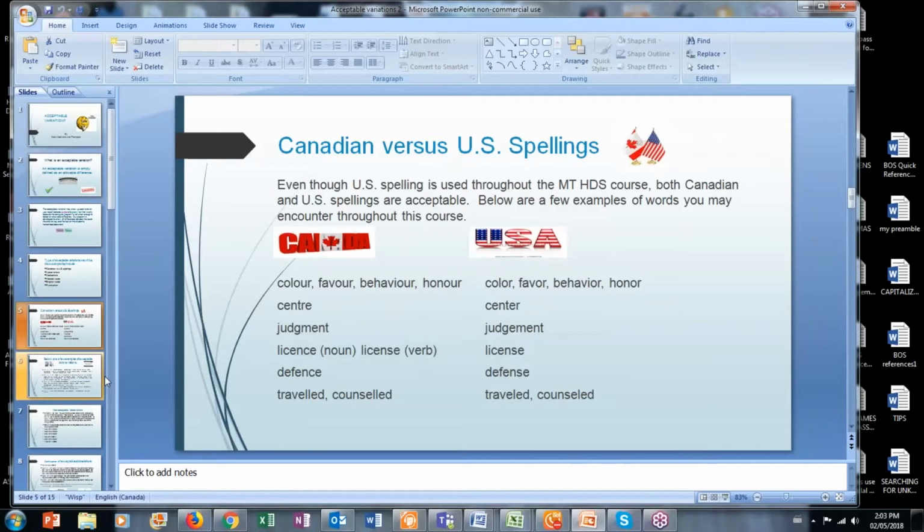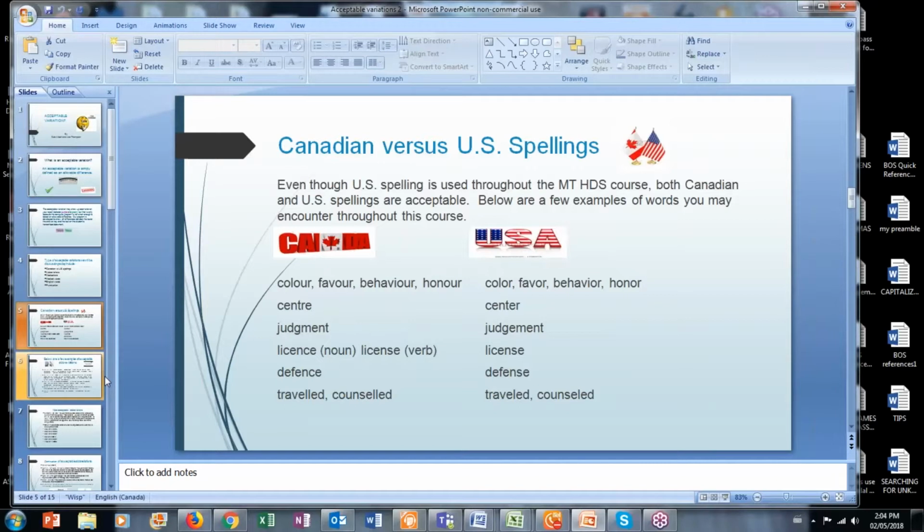We use CENTER still if we're talking about the center of something, like the center of an apple, the center of the earth, or you want to be the center of attention. That is all CENTER. But if we're talking about a centre for a building, we use CENTRE. However, in the course, both of them will be accepted. It doesn't matter how you spell them, CENTRE or CENTER, they're both acceptable.